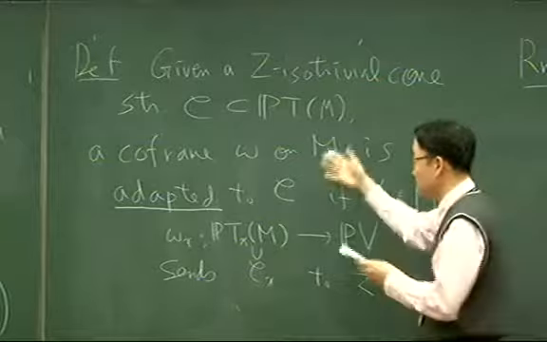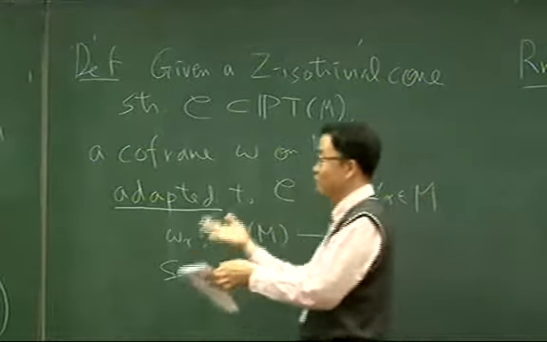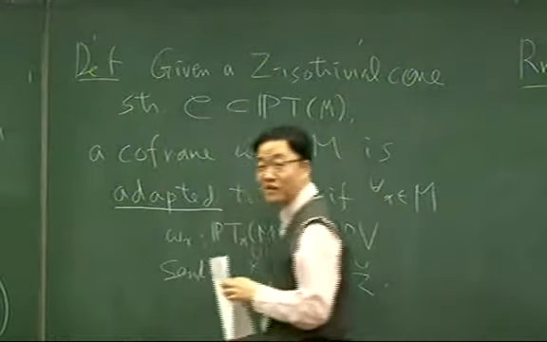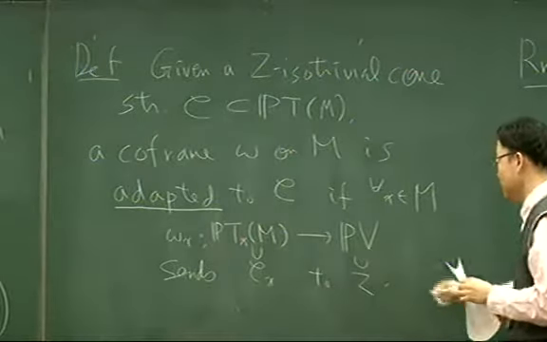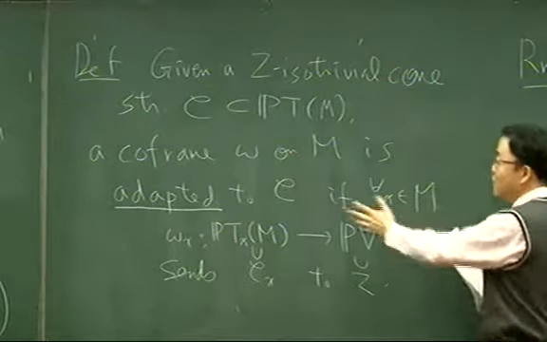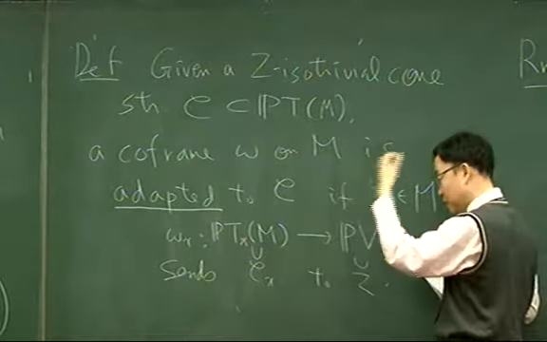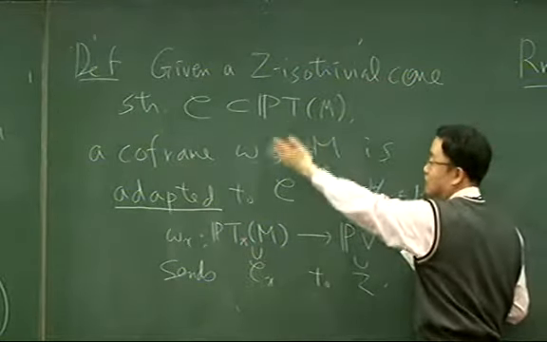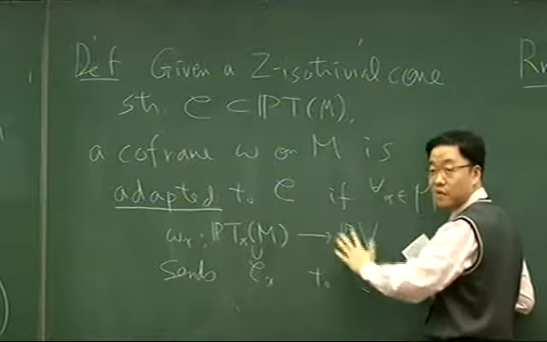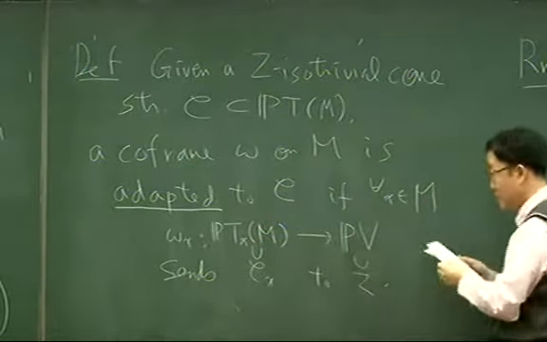You can always find lots of such co-frames, because isotriviality means by definition that you can find a co-frame adapted to this.